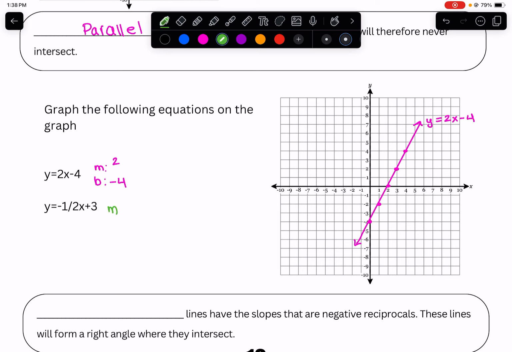Now for my second one, my slope is -1 over 2. My y-intercept is 3. So now, going down 1 over 2. Down 1 over 2. And I am connecting.